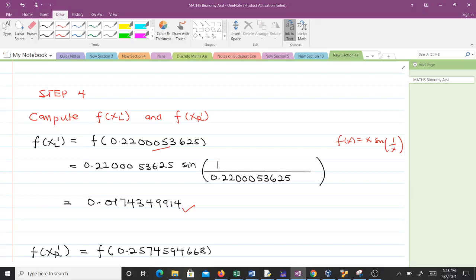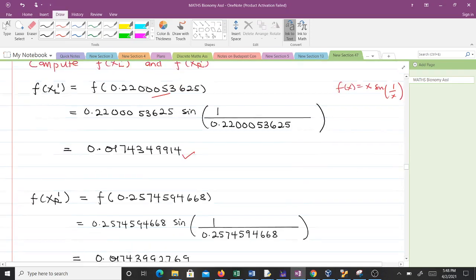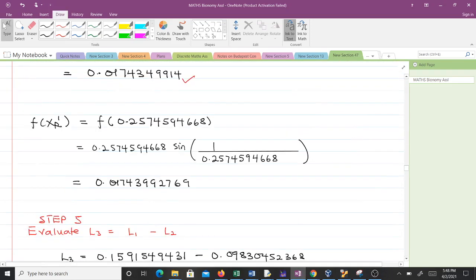Then we have to compute XR at the first iteration as well. So wherever we find x, we put this value there, and when we compute that, you get this thing here.